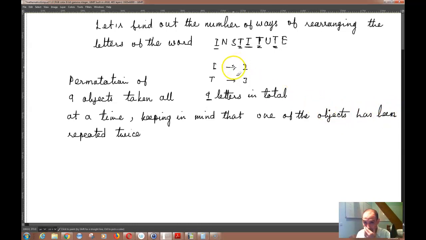I cannot say that it's been repeated twice, because if I say that I has been repeated twice, that means that I have 3 I's.